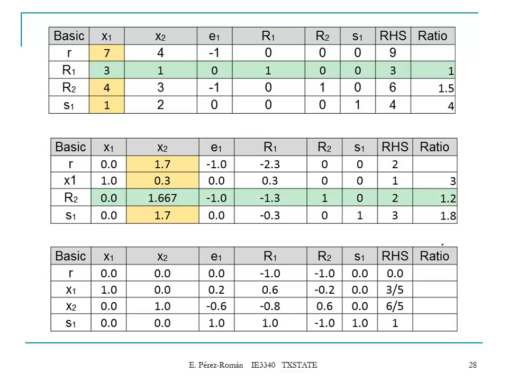We perform the operations. We get this tableau. We still get a positive number here, so this X2 can enter the tableau. You look at the ratio here, the minimum for the ratio is R2, so that means you're going to pivot X2 in this row 2. So you have to make this 1 and the other coefficient 0.